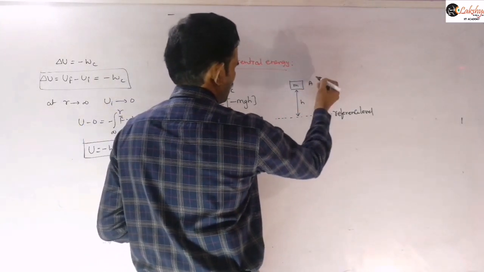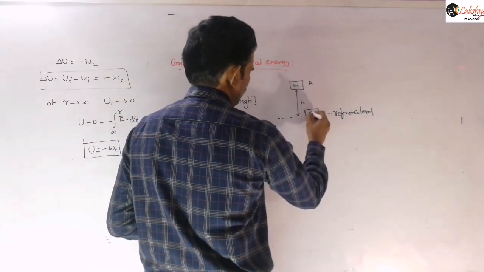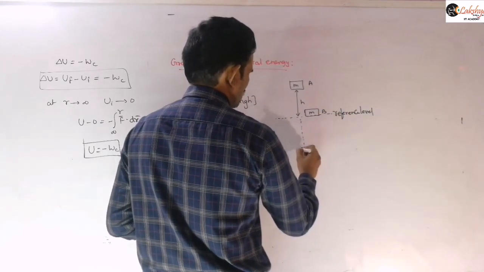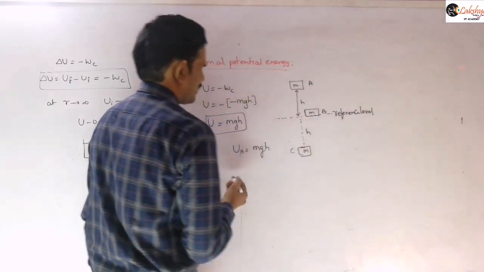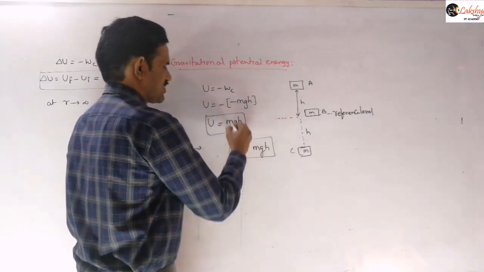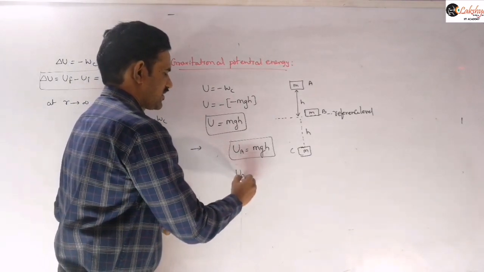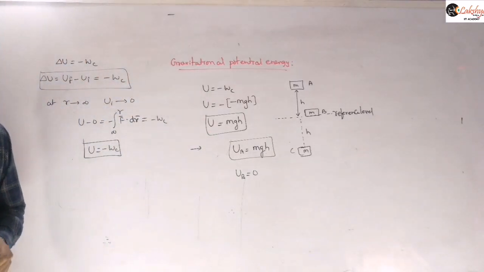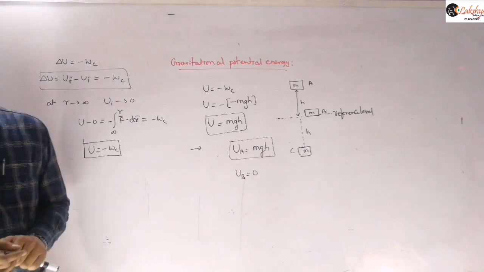Let us take this as position A, and next on the reference level I am taking this as position B, and next below this reference level, this is position C. So at position A, this is the potential energy. Next, when the object is on the reference level, then potential energy is 0.